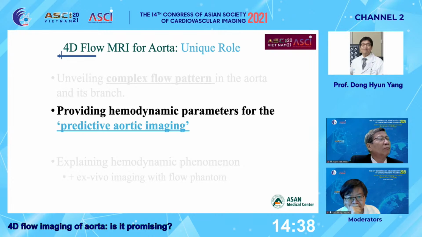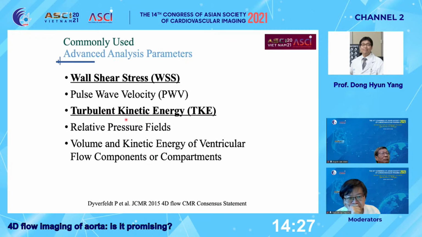Another important role of 4D flow MRI is providing hemodynamic parameters that might be useful for predictive aortic imaging. These are commonly used advanced analysis parameters, including wall shear stress, pulse wave velocity, and turbulent kinetic energy. Today, I would like to talk about turbulent kinetic energy.